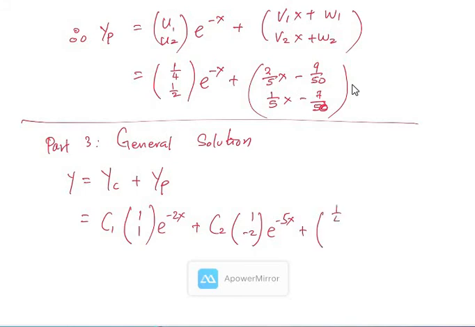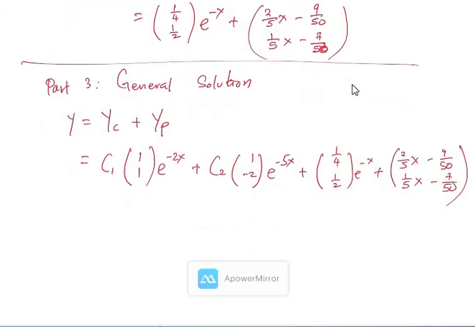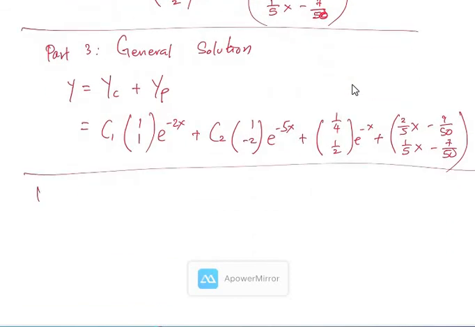So you get 1 over 4 times (1, 2) e to the power negative x plus (2 over 5 x minus 9 over 50, 1 over 5 x minus 7 over 50). Okay, so this is part number 3.